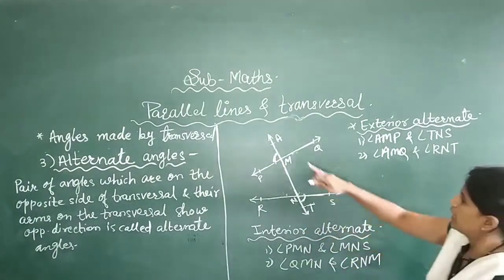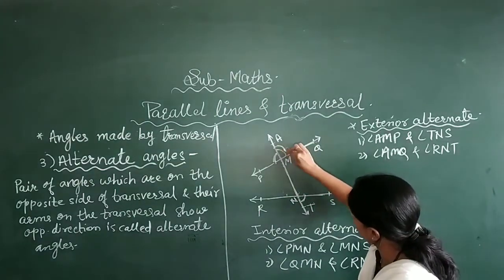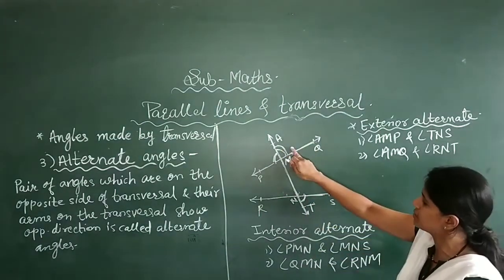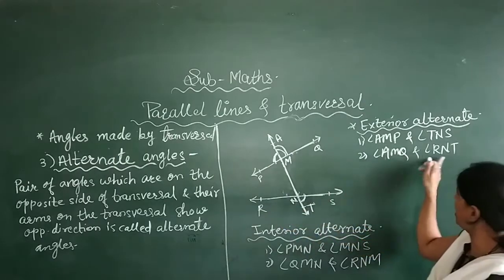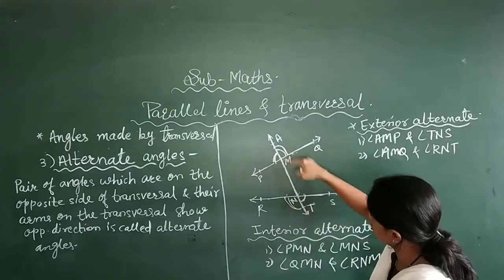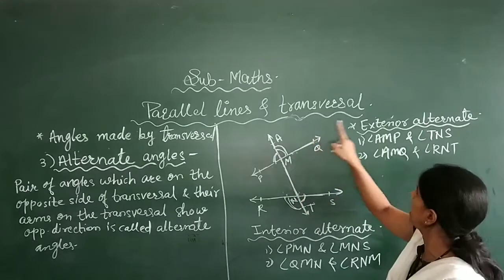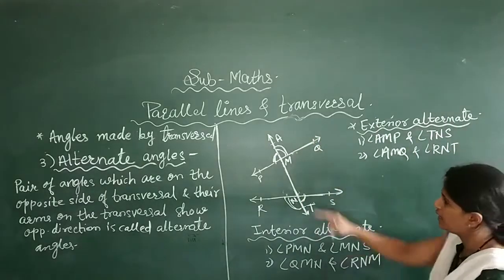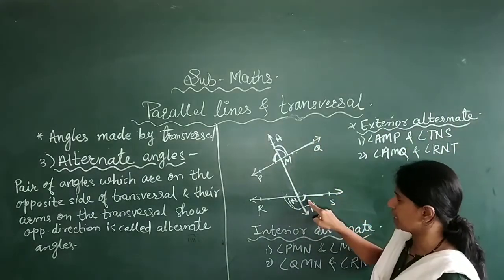Now the next: AMQ, this angle, which is opposite to this angle, RNT. Very good. So these two angles are also called exterior alternate angles.